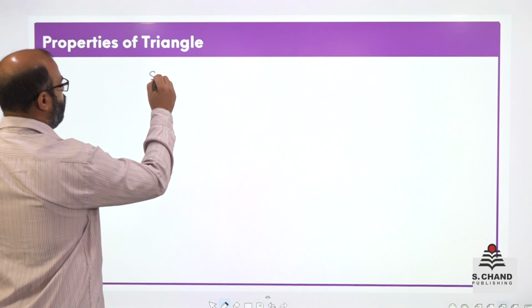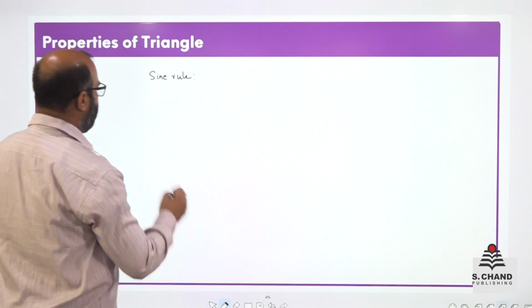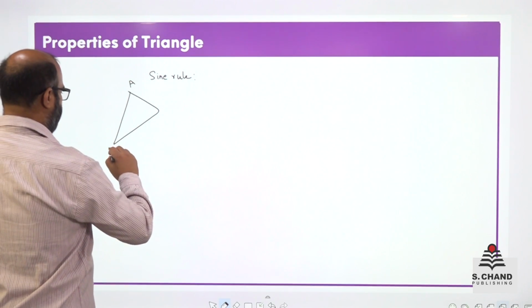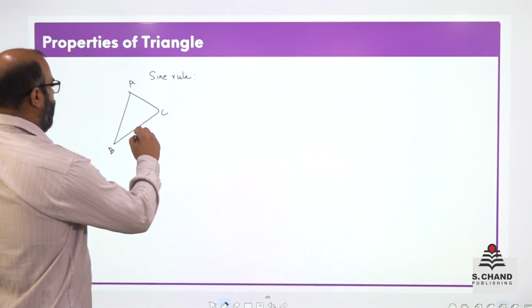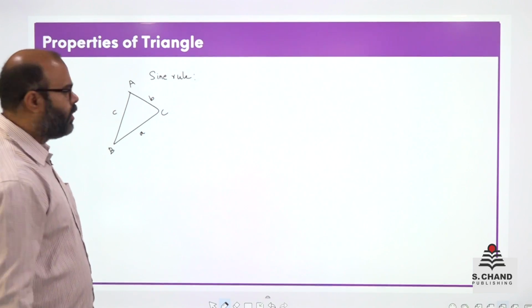First is sine rule. Sine rule says that in a triangle ABC, where capital A, capital B, capital C are the angles of the triangle, and opposite to them are the length of the sides small a, small b, small c.